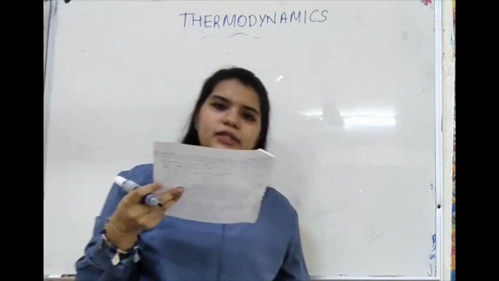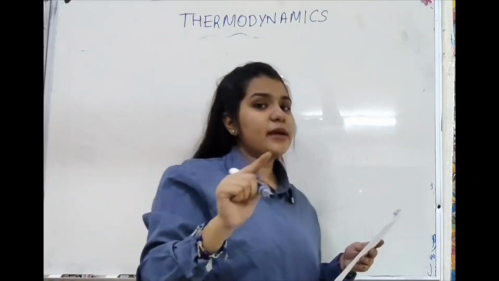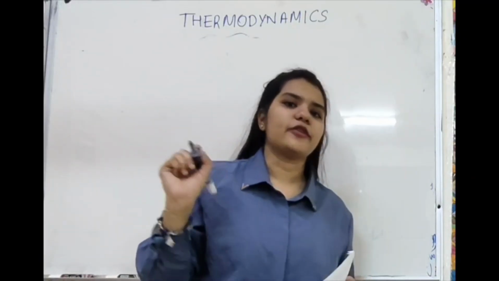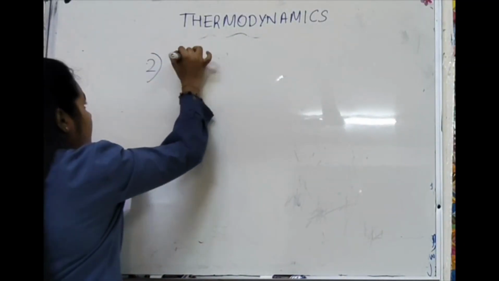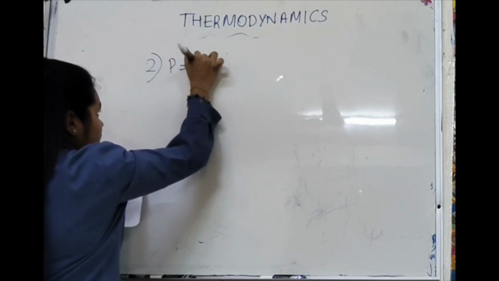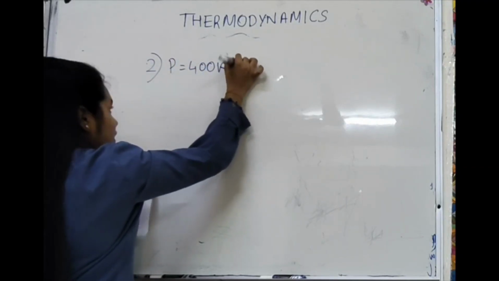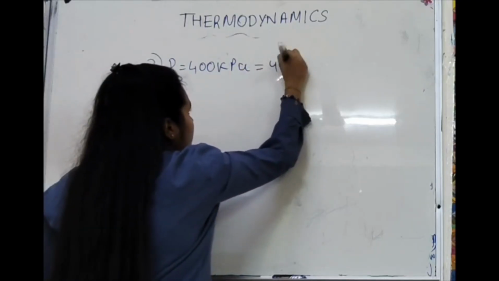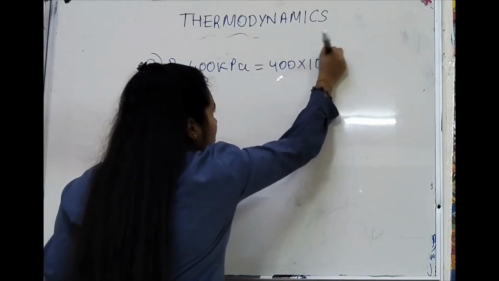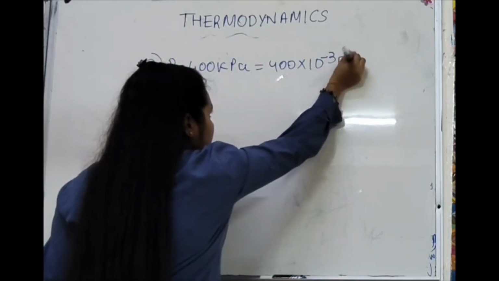The work done in the process. So first, in this type of question, you have to write the data first. Let's convert into Pascal, 10 to the power minus 3.